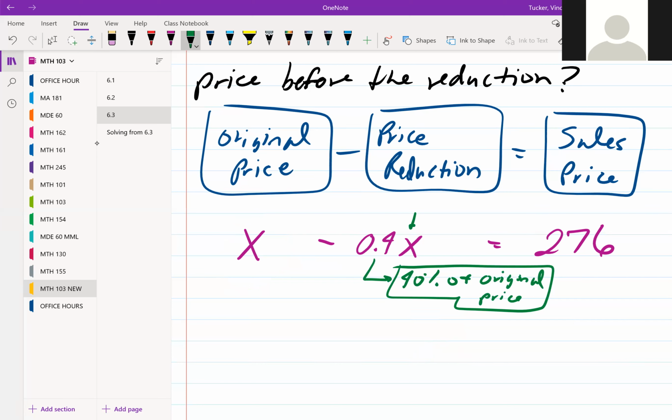Got it, thanks. That's a great question because you have to be careful here. A lot of people like to do 40% of this 276. They'll put 0.4 times 276, and you'll get close. I've seen people get close to the answer doing that.